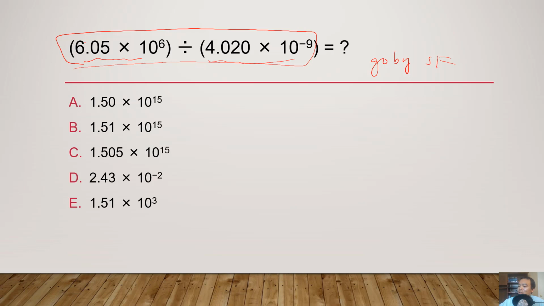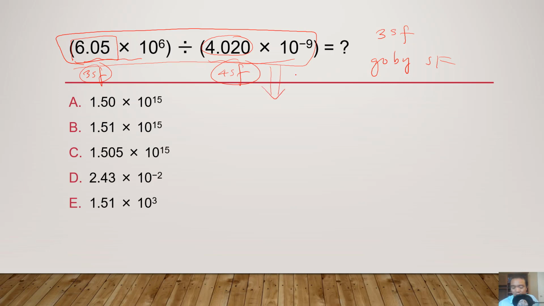So for scientific notation, the sig figs depend on the decimal part only. That's 3 sig figs, and that's 4 sig figs. So your result will be 4 versus 3. So your result will be 3 sig figs for sure. So you do the calculation and it should give you the correct number.